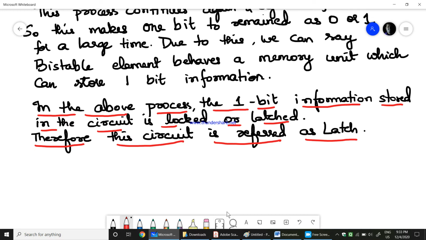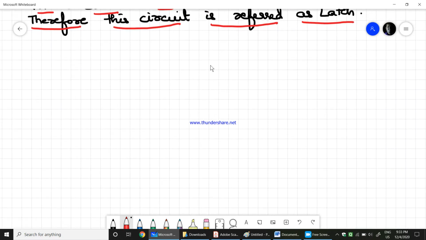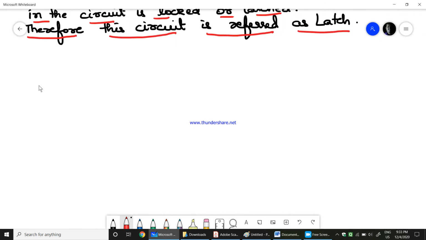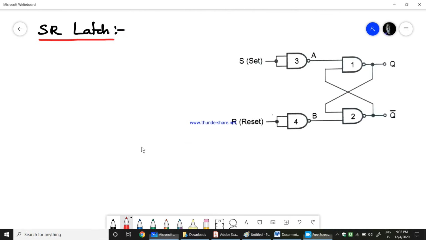Now let us work on SR latch. Okay, now let us work on SR latch, as you can see in the diagram which shows the SR latch.